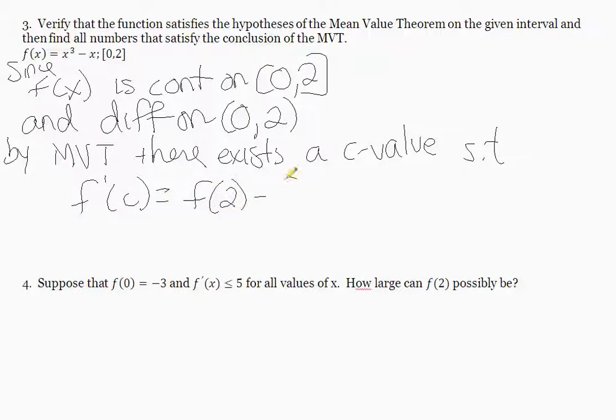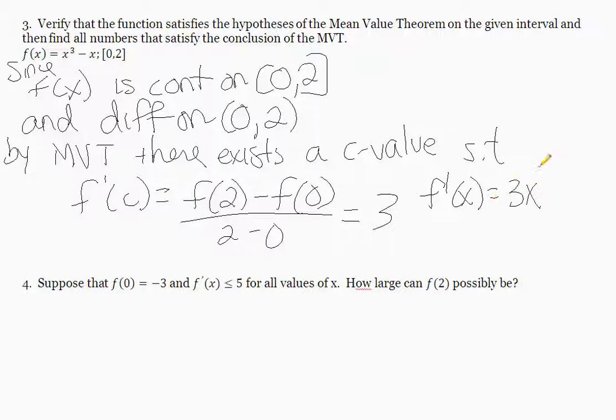The slope of the line that connects the two endpoints, which would be f of 2 minus f of 0 over 2 minus 0, which is what? If you do that out, you get 3. Okay, so what is that saying? The derivative is 3x squared minus 1. So 3x squared minus 1 must equal 3 somewhere, and we could actually find that value.